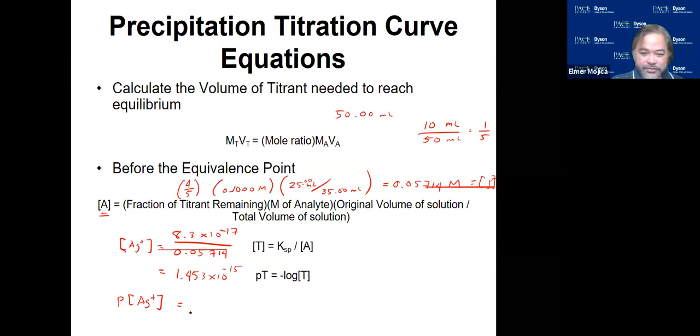So this is equal to what? Anyone? What's the equivalent of 1.453 times 10 to the negative 15? 14.84.